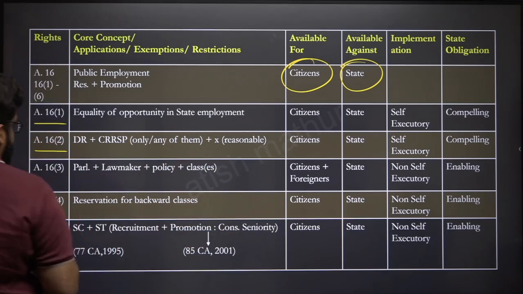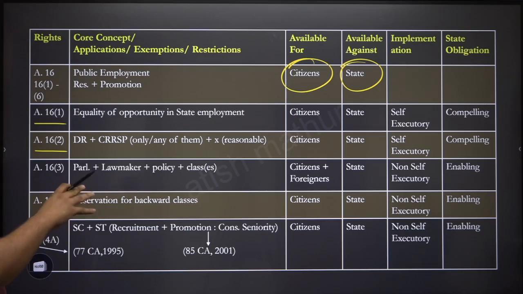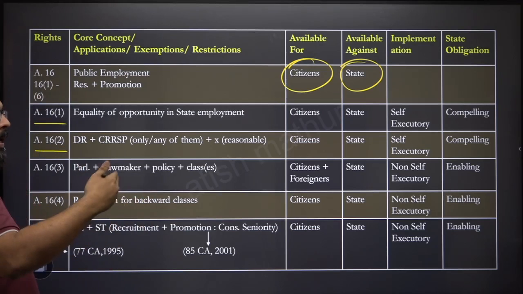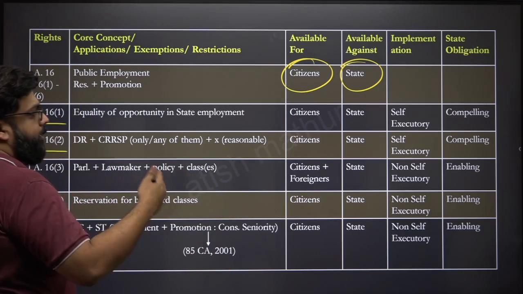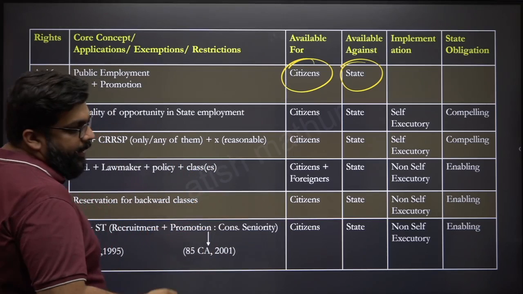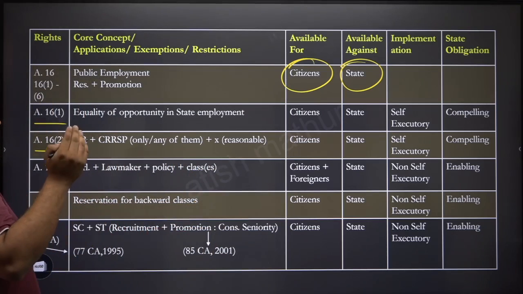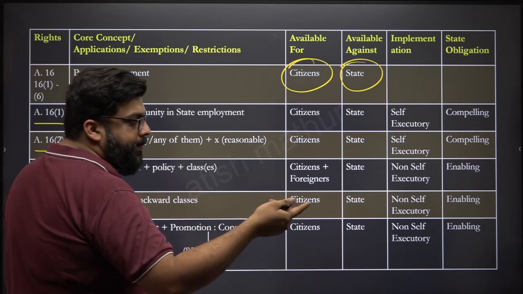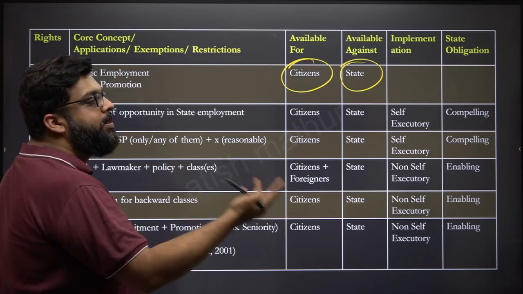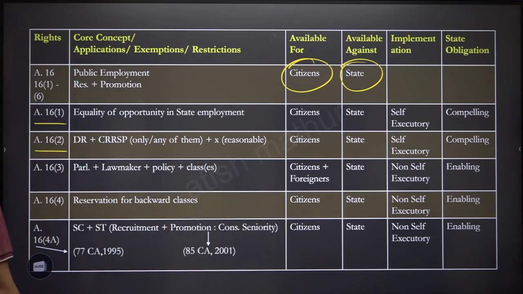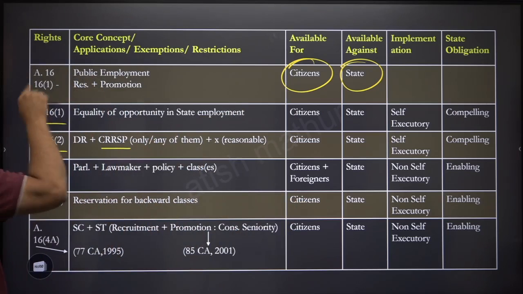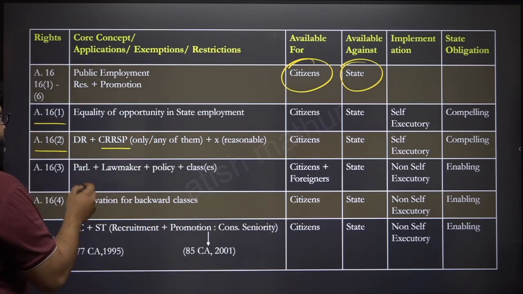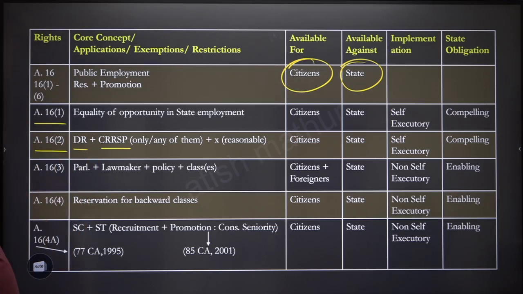Article 16 Clause 2. When we are saying that everybody has to be treated equally, which means there cannot be any discrimination. Understood? If there cannot be any discrimination, then what are the grounds on which there cannot be any discrimination? We've got CRR-SP already from Article 15. We've got D and R here also.